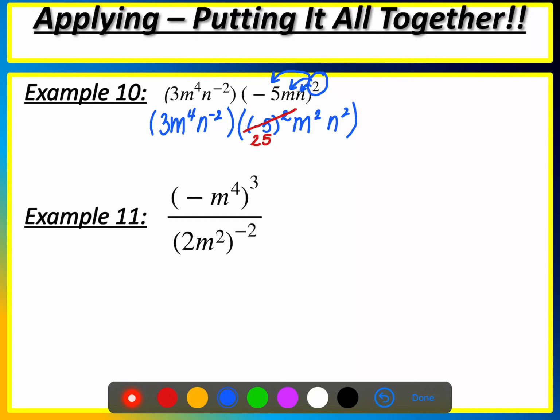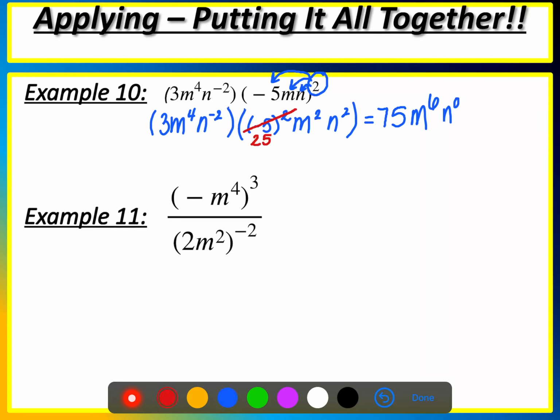All right, so now we're going to multiply the two parentheses together. So coefficients get multiplied, and like variables have their exponents added together. Now I know that the first n has a negative, but when we add them together, I get n to the 0.